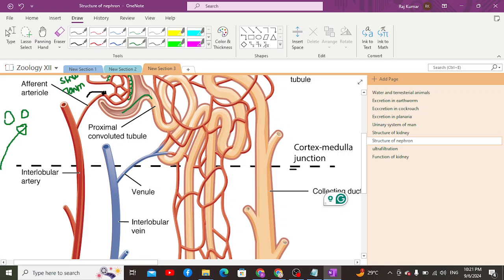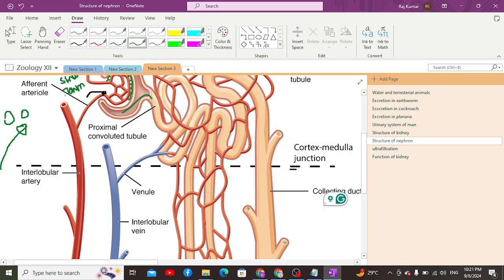The podocytes have slit-like openings which are 70 nanometer in diameter and positively charged, which repel the positively charged plasma proteins, because plasma proteins are made up of basic amino acids, and they tend to get repelled by the positive charge of the slits or pores formed by the podocytes.